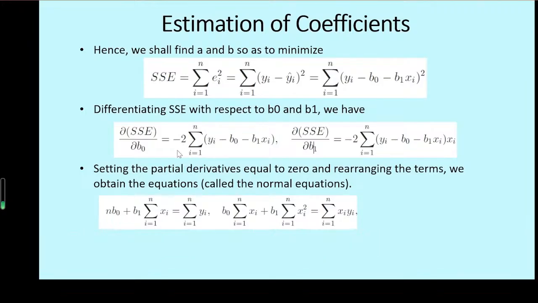This is the result of the differentiation. And then we set these two partial derivatives equal to 0 and make some manipulation. Then we can get sigma yi equals this and sigma xi yi equals this.